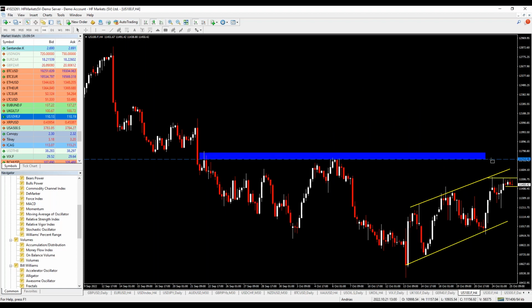On the breakout, however, if it breaks up, breaking the high of the week, the next resistance area could be, actually we have two. We have that one that used to be a resistance back at the end of September.